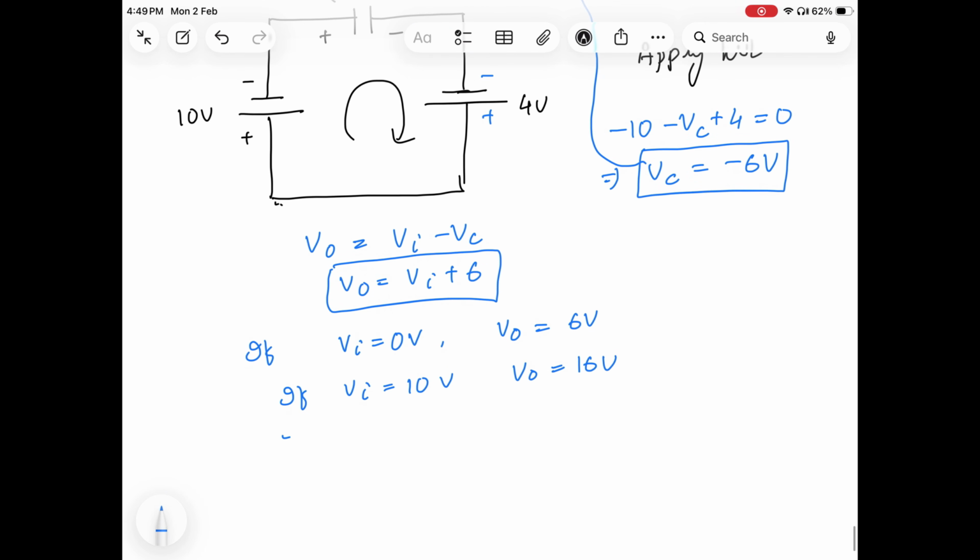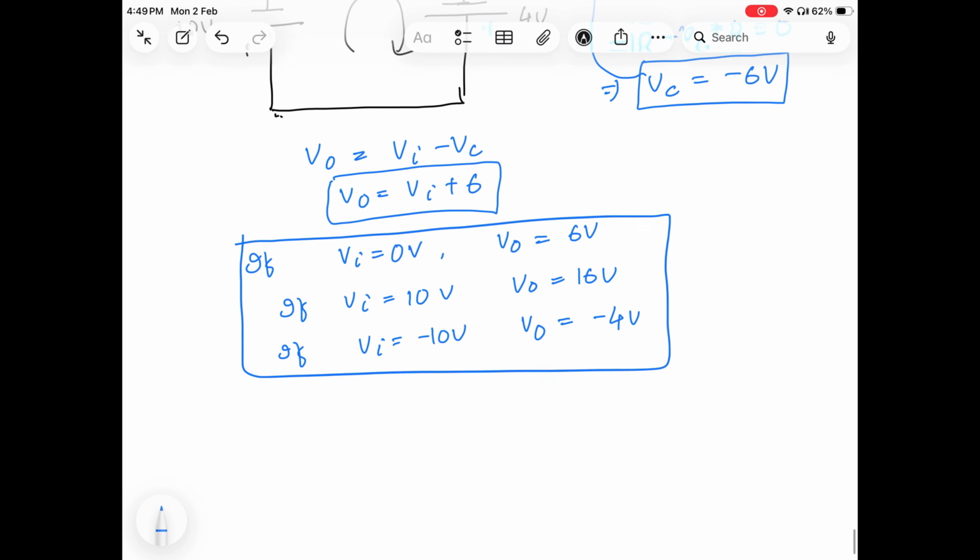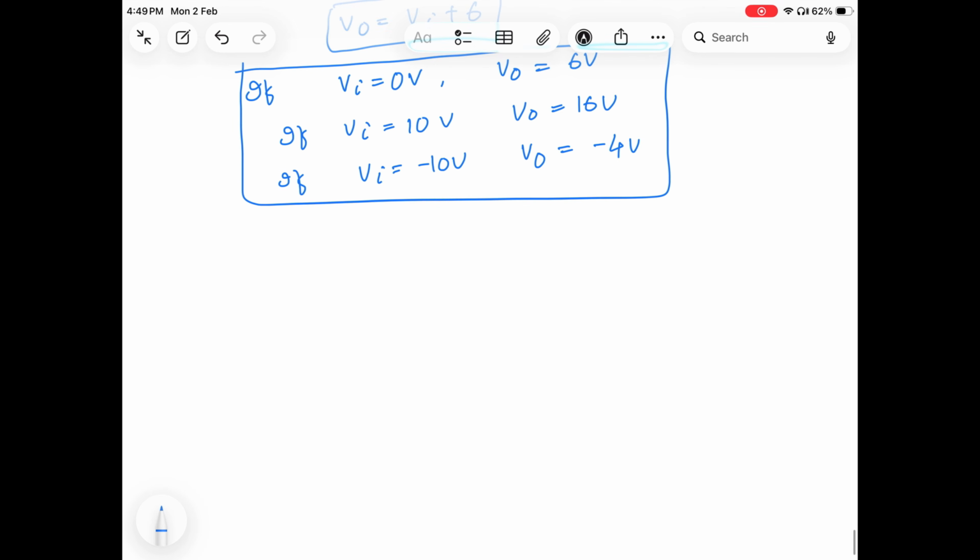Similarly, when Vi equal to minus 10 volt, I will get V0 equal to minus 10 plus 6, that is minus 4 volt. Okay, so these are the different output voltages for different values of input voltage. Now we need to draw the output and input waveforms for this.